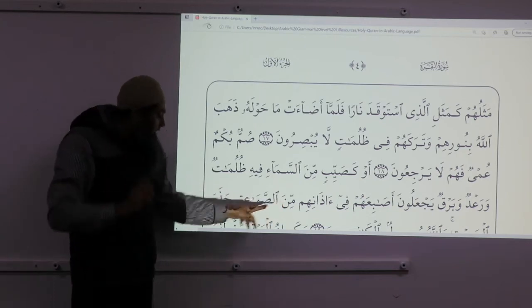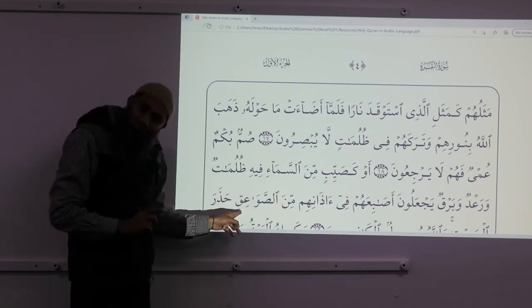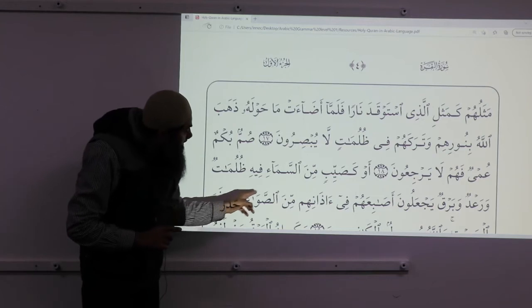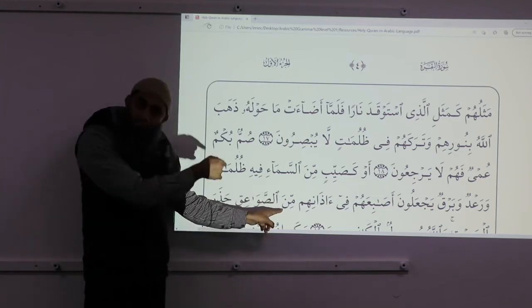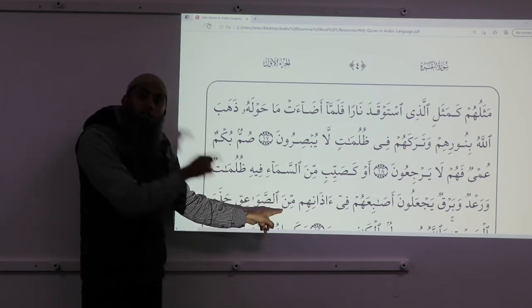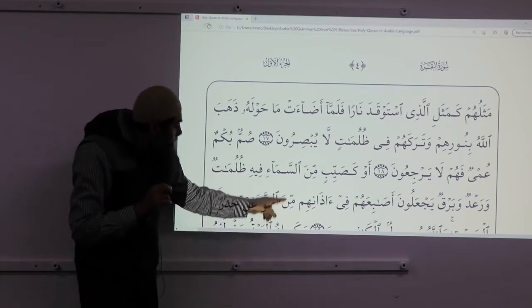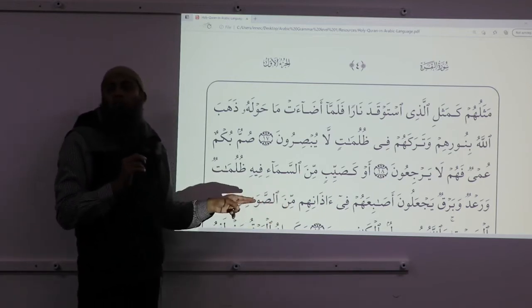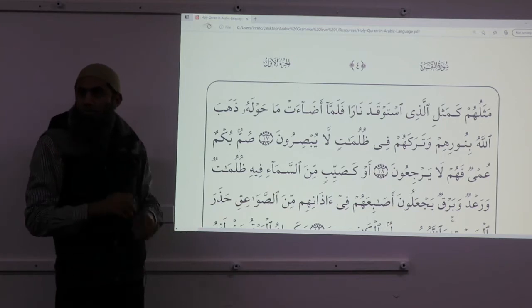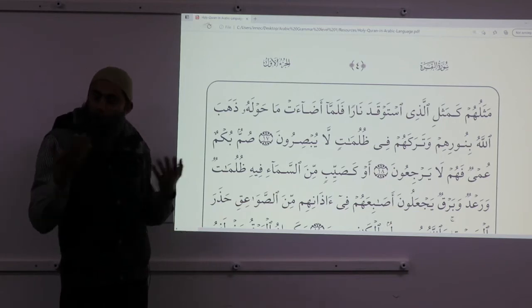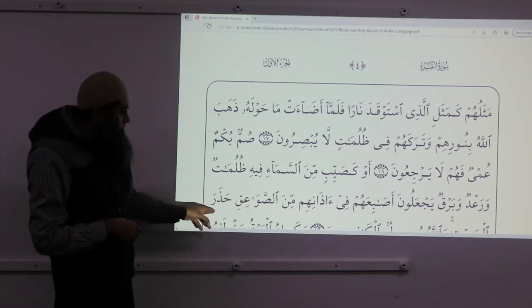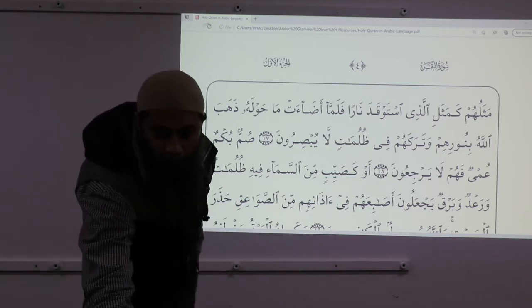One more time: you see an ism in jar status, you look at what is immediately before it. In this case, it's a preposition. In case there was no preposition here, then it will be mudaf ilayh, but that must be an ism and a mudaf. Excellent.